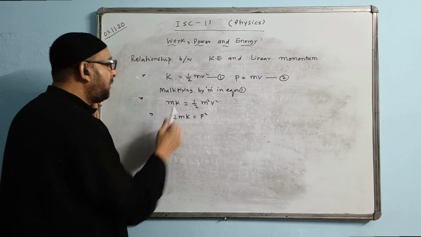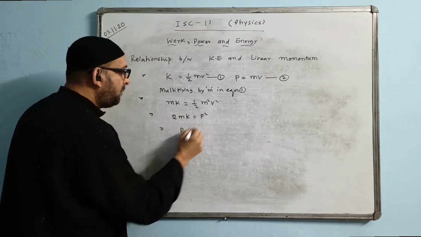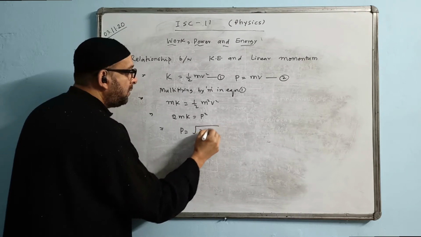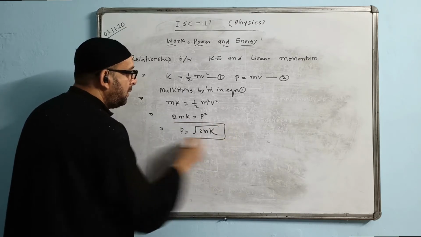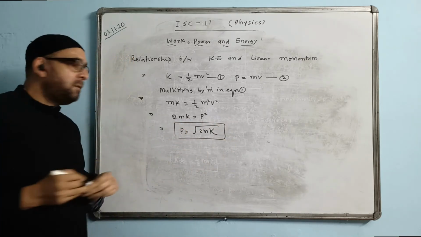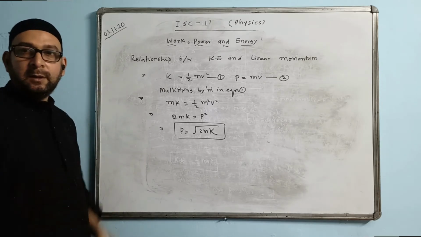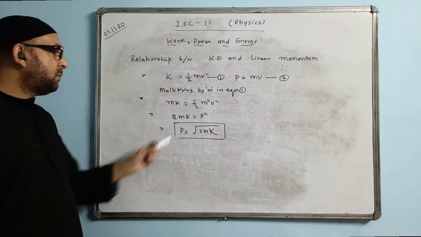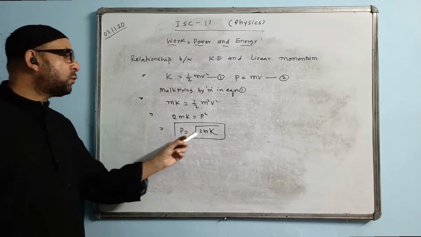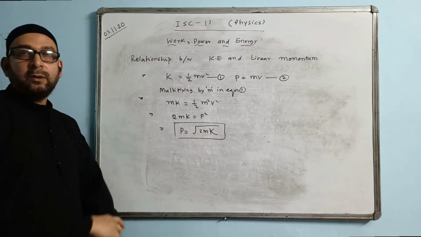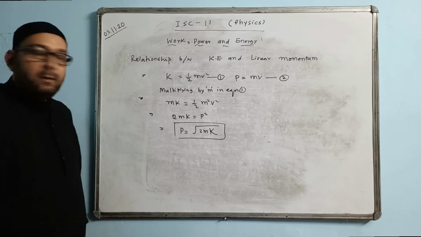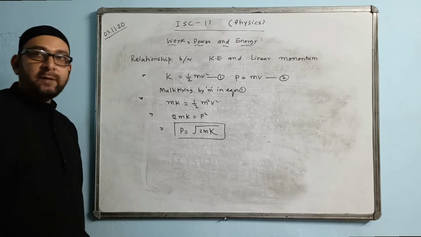The square will go and the root will come here. Therefore, the p value will become root of 2mK. This is the relationship between momentum and kinetic energy. That is, momentum is directly proportional to the square root of kinetic energy.